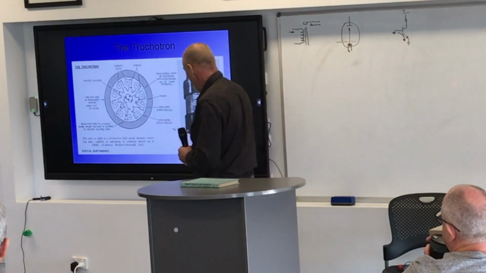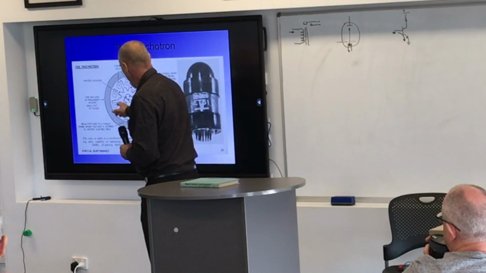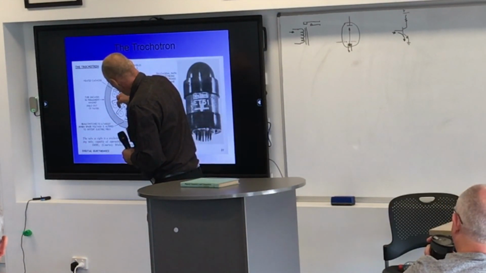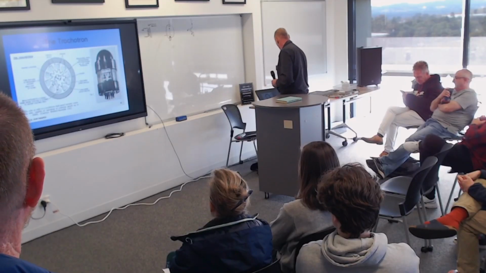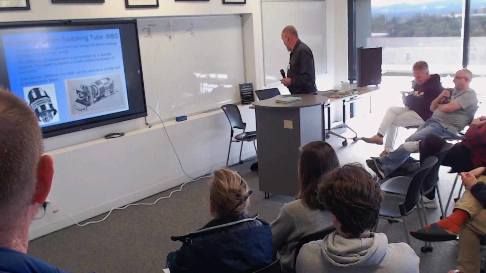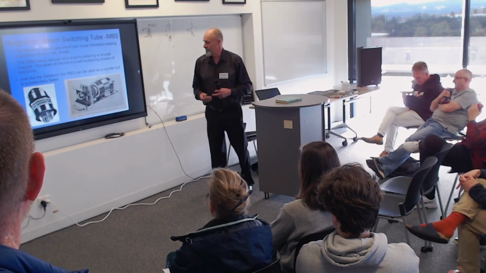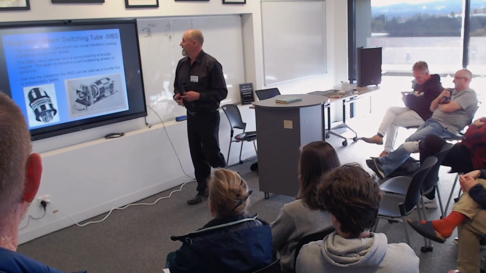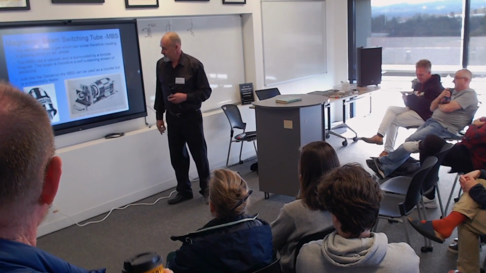And by using these crazy arrangements of little grids and pushes, we can push the stream of electrons from one electrode to another. But more commonly called a magnetron beam switching tube. So Australians got Trochotron, but Burroughs went for MBS magnetron. So there's a magnet around it to aid it.